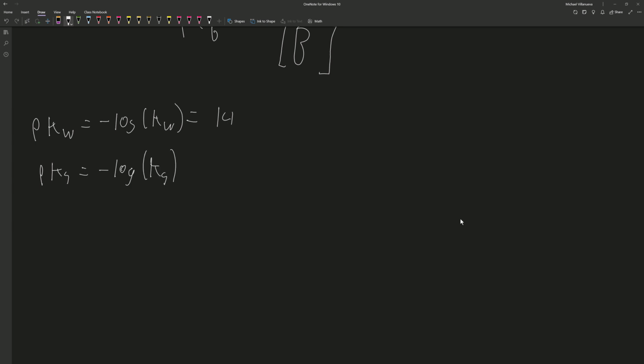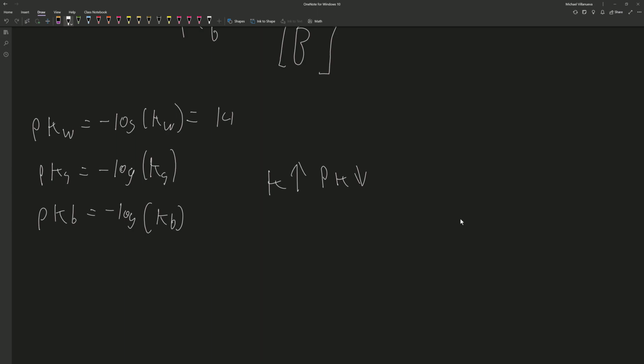And we could say the pKb is equal to the negative log of the Kb value. So as K goes up, pK goes down. So a big K value means a small pK value, and a small pK value means a big K value. So just keep that in mind.